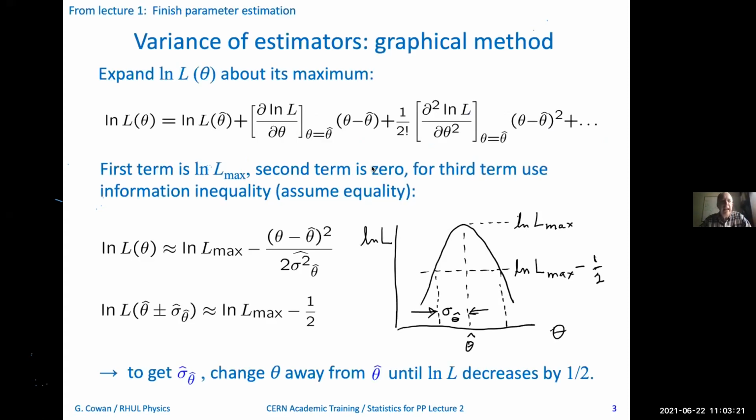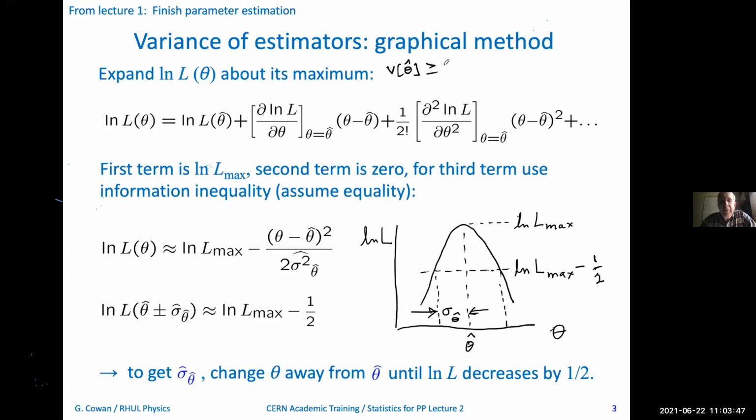So in the last lecture, we were talking about the minimum variance bound of an estimator. You will recall that we said that the variance of any estimator for a parameter theta had to be greater than or equal to this thing that we call the minimum variance bound.